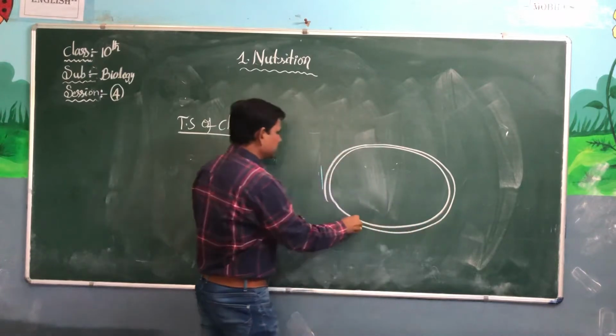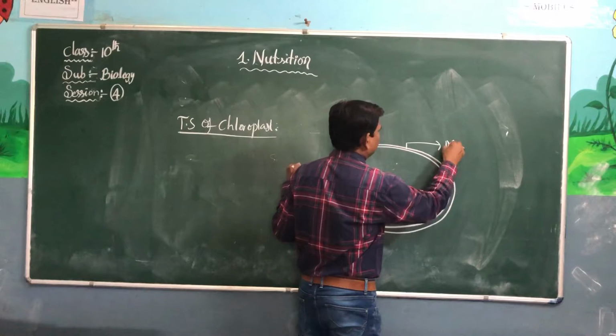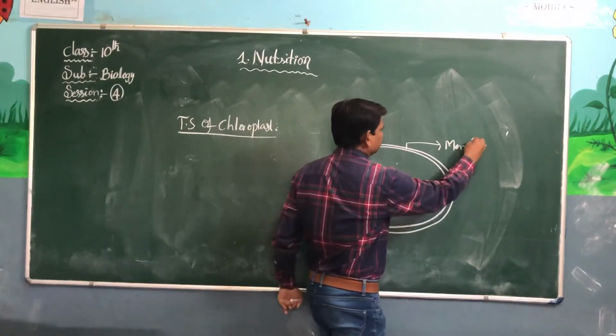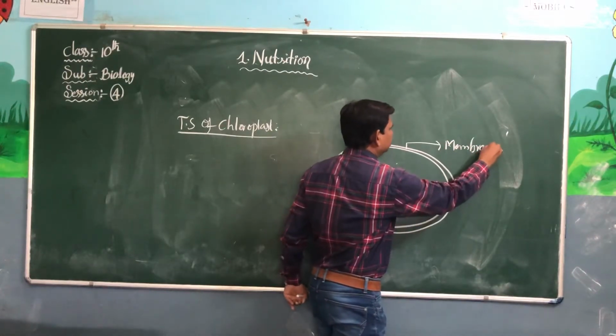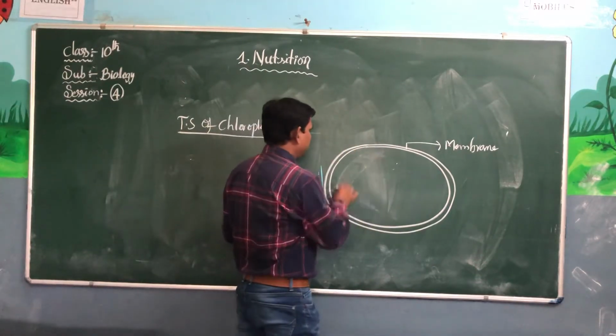This chloroplast consists of an outer membrane and an inner membrane.